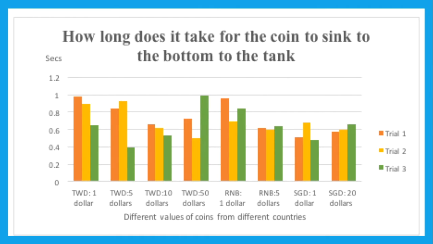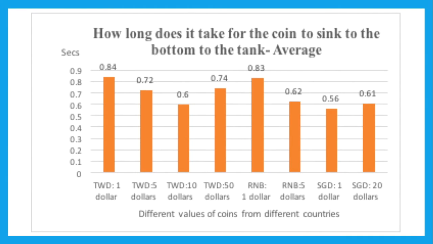So it means that it sinks the fastest, and the one that sinks the slowest is the Taiwanese $50 trial 3. And this one is the average of the 3 trials, and there are numbers of the average on top. So we can see that Taiwanese $10, which is 0.6 for the average, sinks the fastest, and Taiwanese $1, which is 0.84 seconds, sinks the slowest.